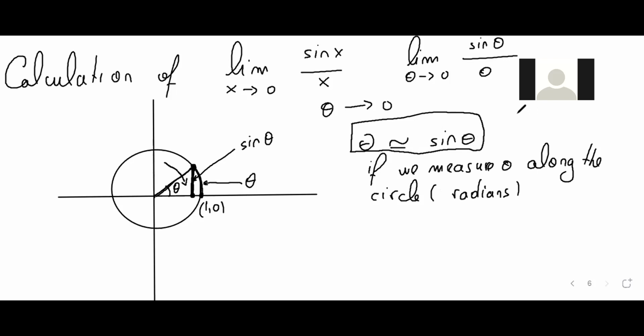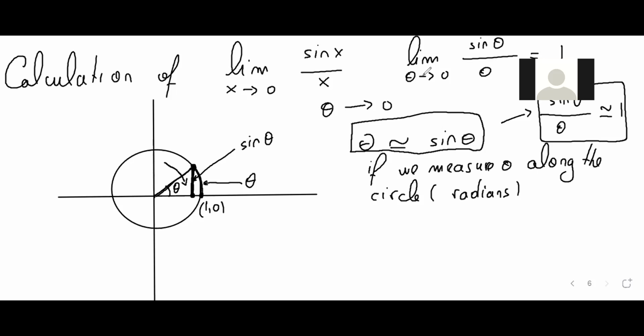Because these are approximately equal, the quotient sine theta divided by theta is approximately equal to 1, and that's what we verified with Desmos. So this limit is 1, but that's assuming that our angle theta is measured in radians. This is the important thing.